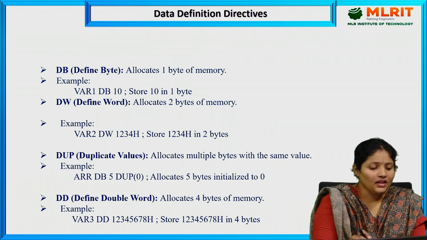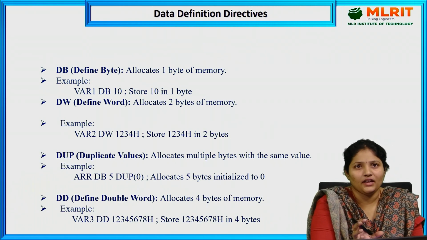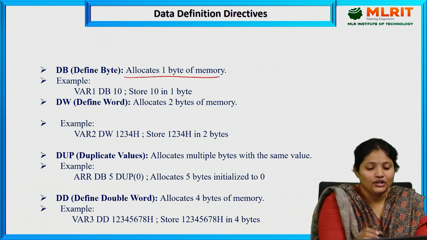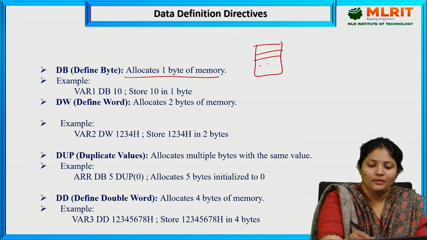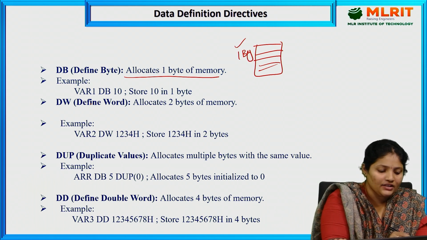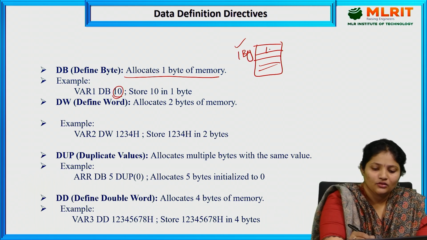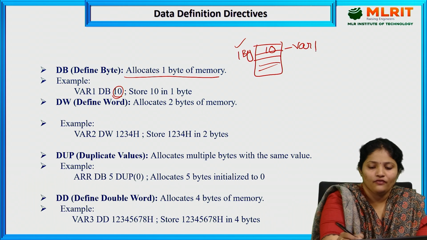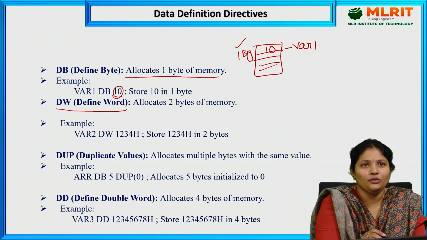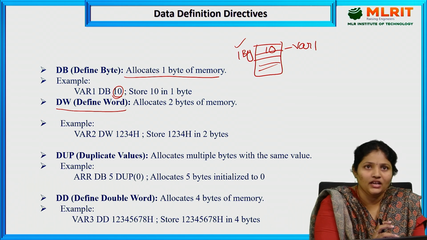Coming to the next, data definition words. If we are defining the memory location for a particular number, DB allocates 1 byte of memory. Out of memory, 1 byte will be allocated for 10 under the name of var1. If we are defining DW, define word, in this directive it will allocate 2 bytes of memory.